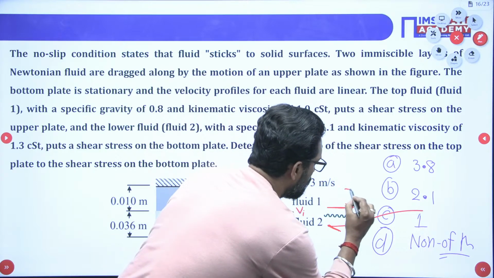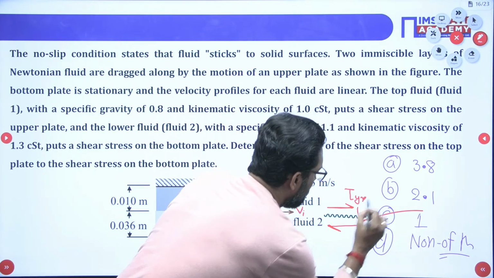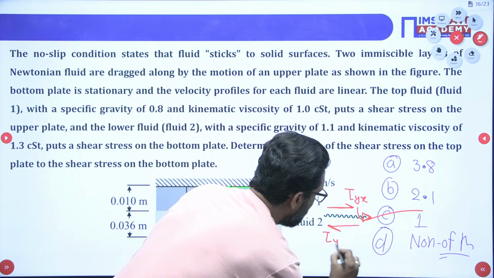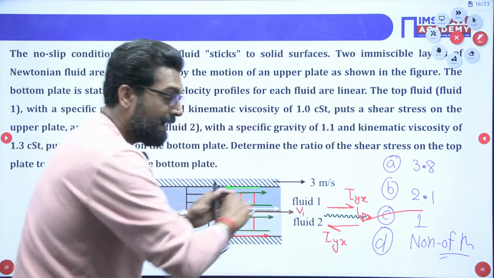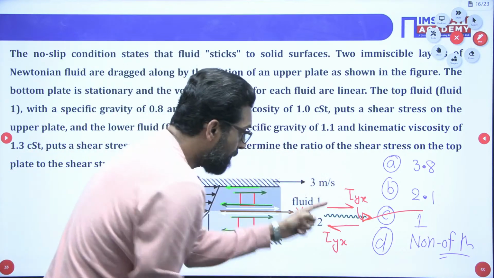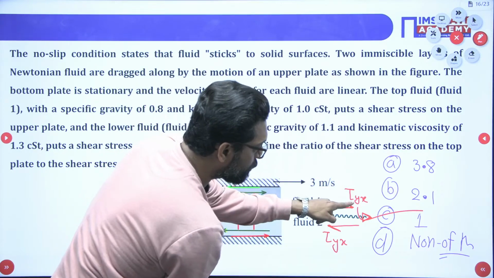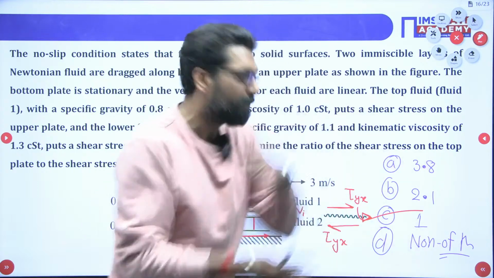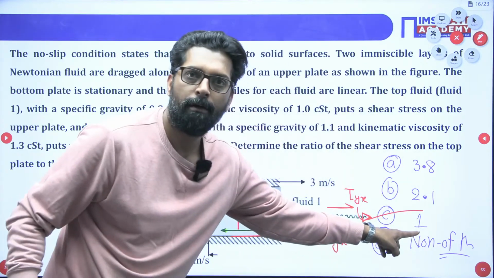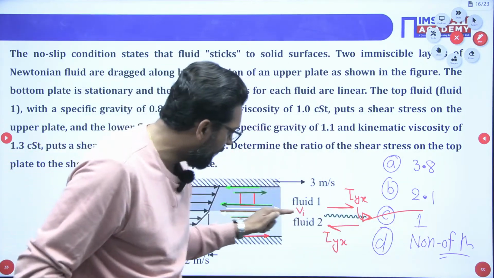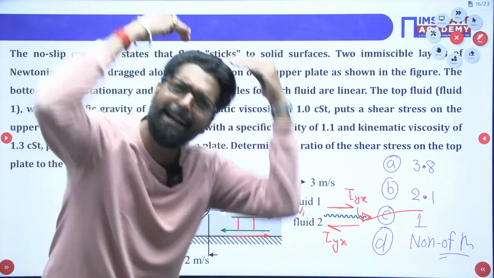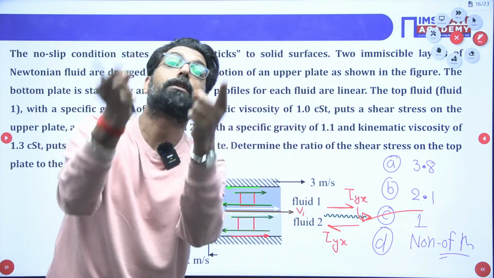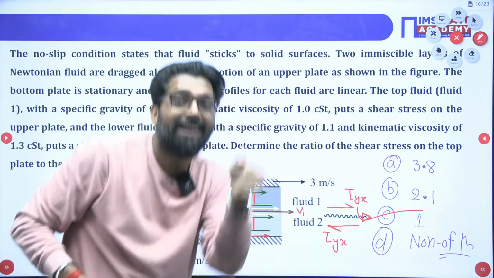What is this? This is tau yx, and this is tau yx, and this will be positive. And this tau yx due to the top and this tau yx due to the bottom are the same. That means the ratio is 1. So if you take any layer within the fluid, and that is for the Couette flow, why? Because the shear stress is constant.